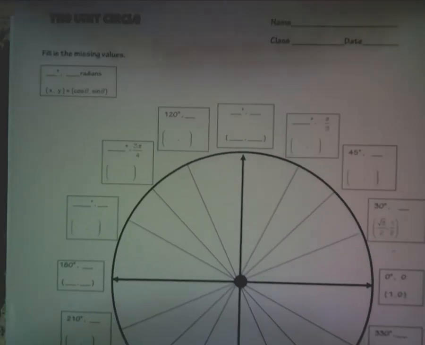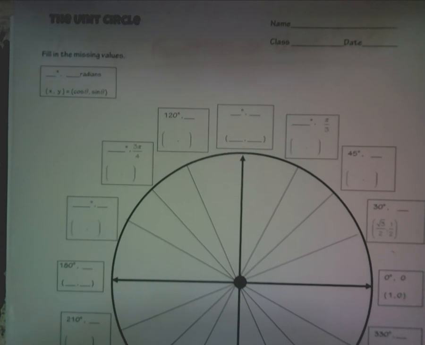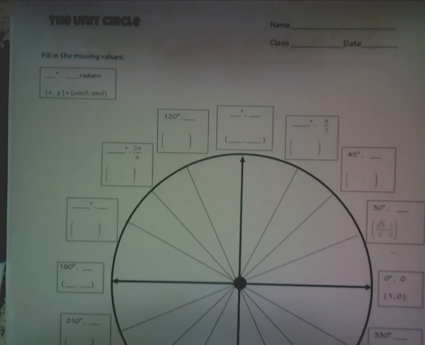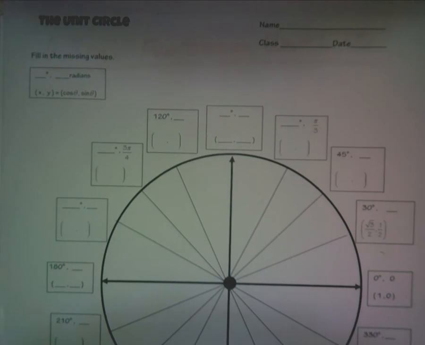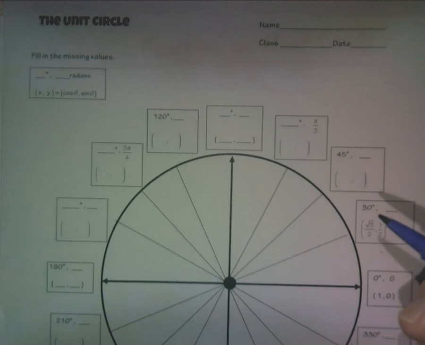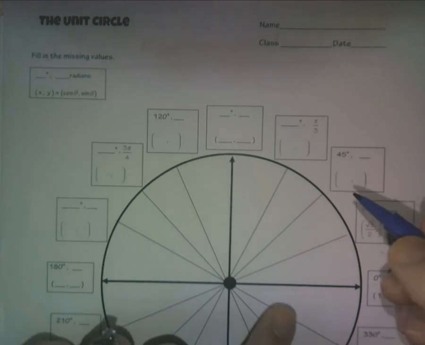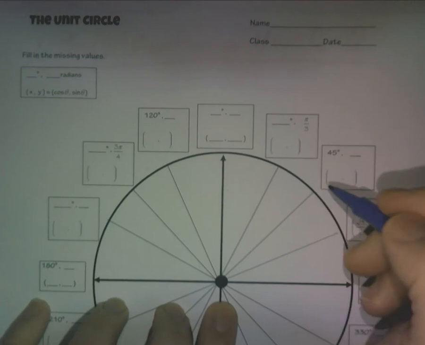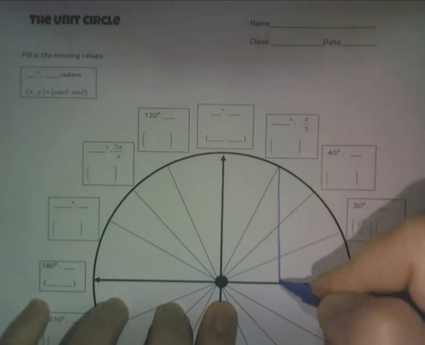Okay. And I will fill this out with you right now. Let me get a different pen just so I can make sure. It all stems from right triangles, and it actually stems from the 30, 60, 90 triangles and the 45, 45, 90 triangles. Okay. So just to show you, I'll just do this one right here.